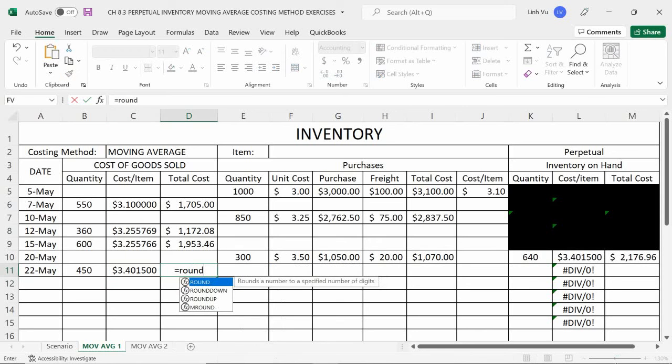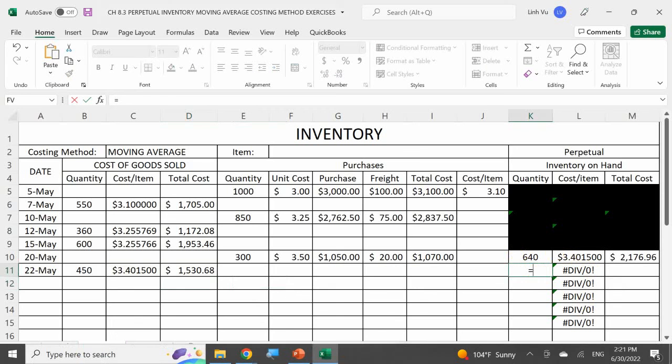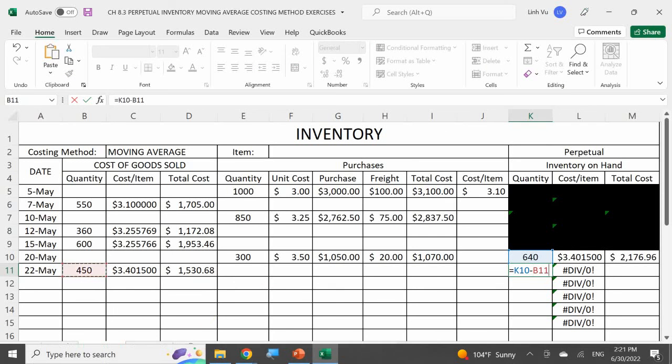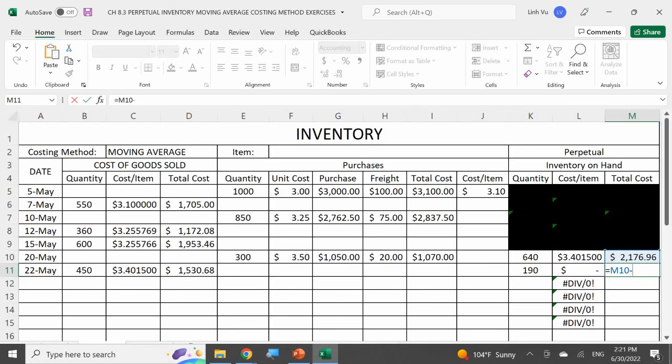Okay, so what is my total cost of goods sold here? I have $1,530.68. Good. So let's go ahead and subtract out my numbers. If I sold 450 out of 640, how much should I have left? 190. Good.